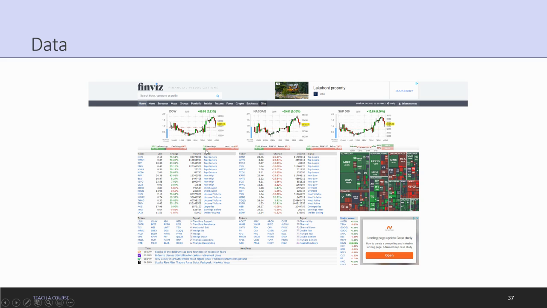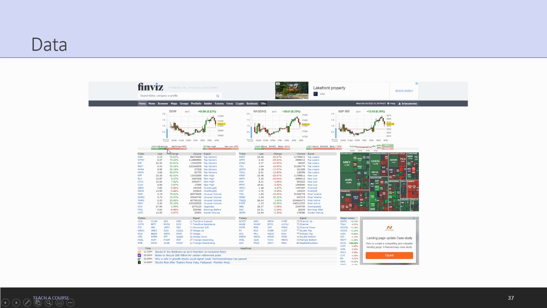It's got a home page, which this is a snapshot of. And what this does is it gives you a read throughout the day of what's going on in the 3 major indexes, the Dow, the NASDAQ, the S&P 500. It also gives you a quick snapshot of the heat map.